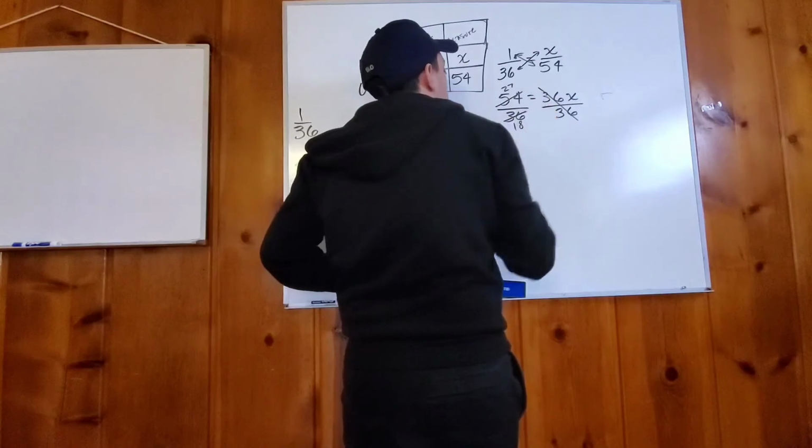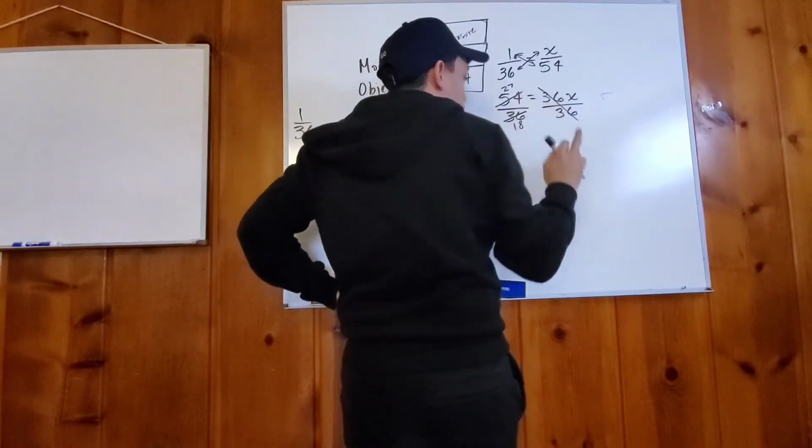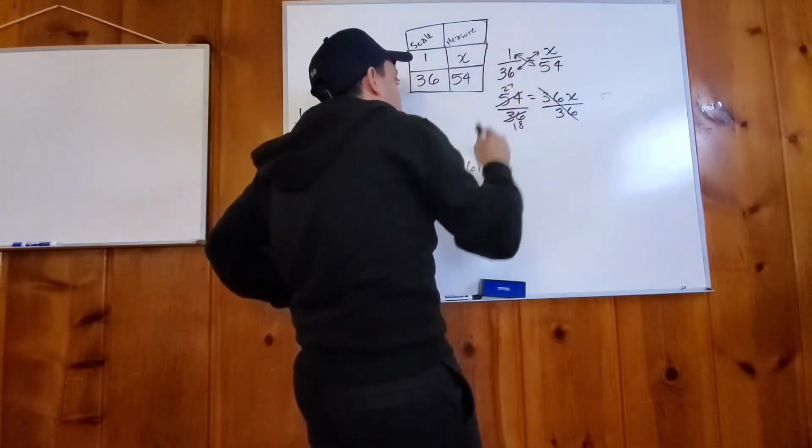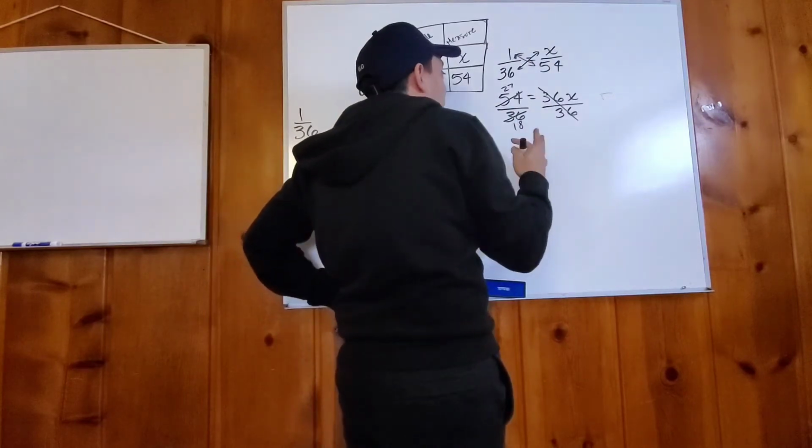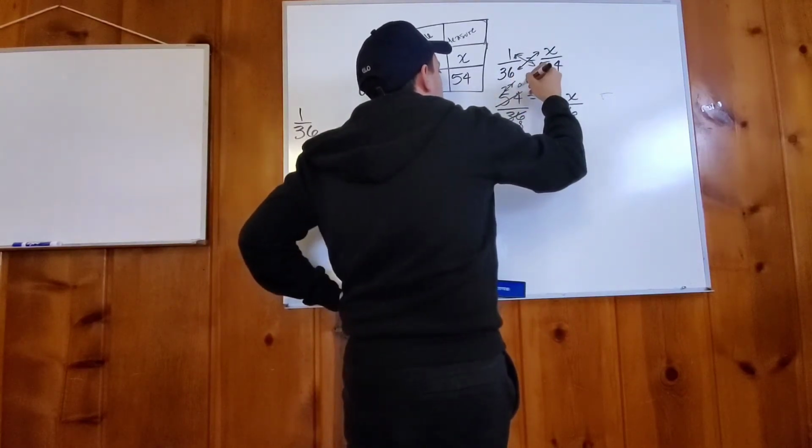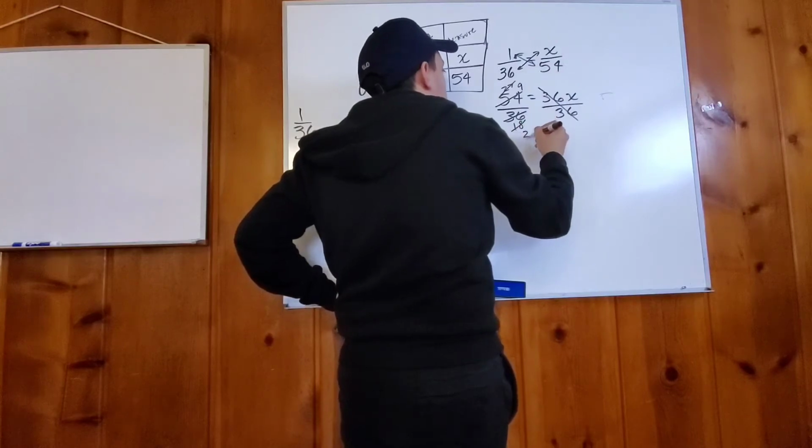Now this 27 and 18 can also be divided not by 3, because I know some of you are going to be like, oh, they can be divided by 3, but by 9. They can actually be divided by 9. So this is going to be 9, and this is going to be 2.